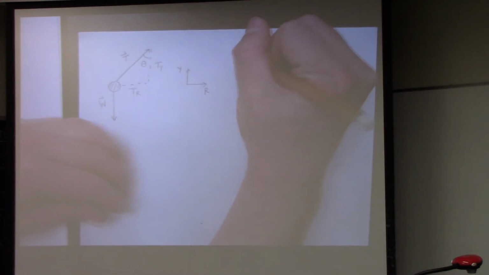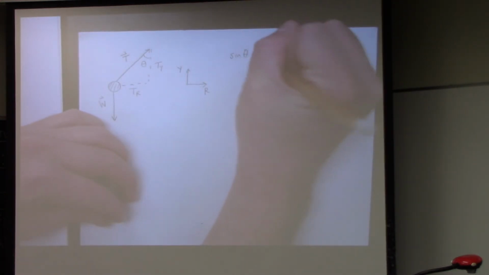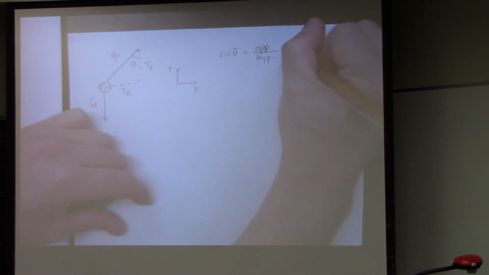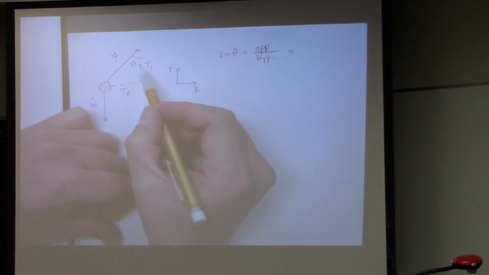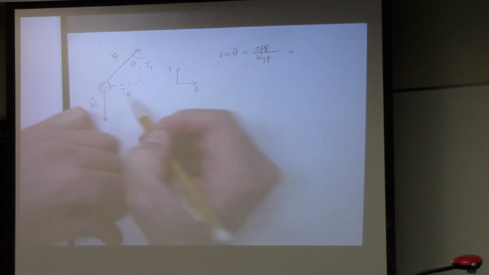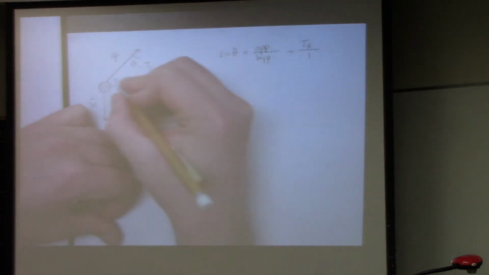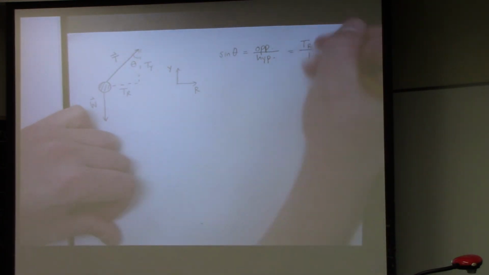So if you remember, the sine of the angle theta is always equal to the opposite over the hypotenuse, where in this case the opposite side is TR, that's right down here. And the hypotenuse is the long side, that's just the magnitude of the tension.